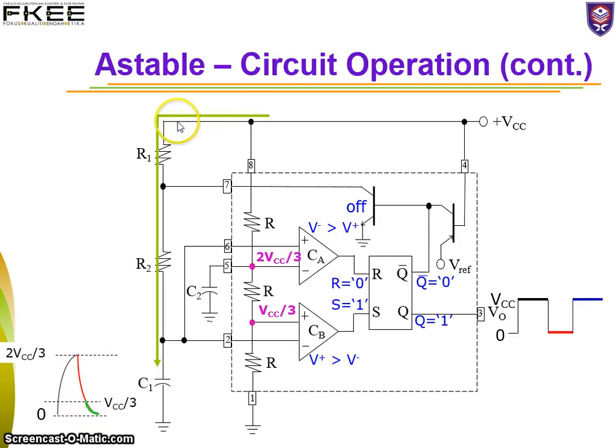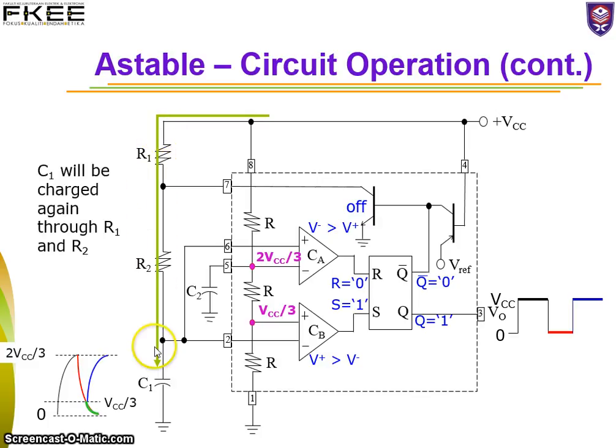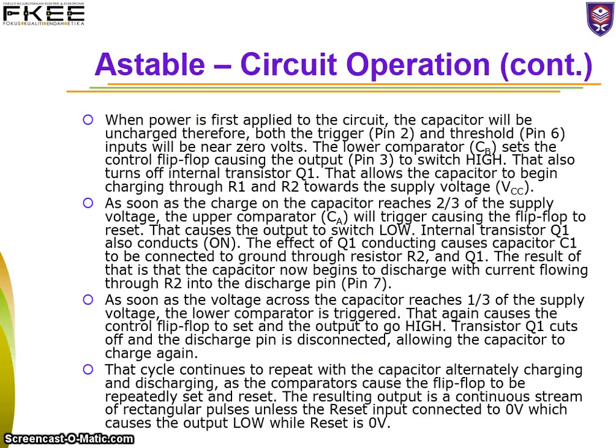Now you are charging again your capacitor through R1 and R2. So this is the voltage across this capacitor C1. It will be charged again until 2/3 of VCC. You can read here about the circuit operation.